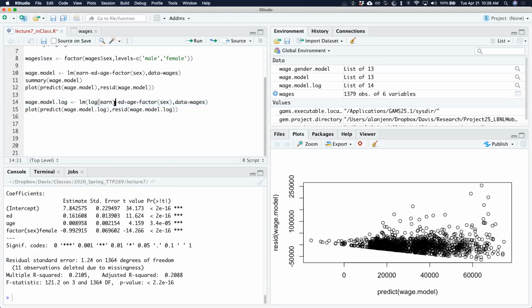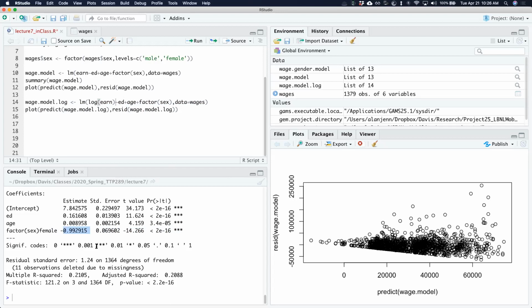Because you have logged your earnings, we can essentially say that for every additional year of education, you are increasing your earnings by 16%, and for every additional year in age, you're increasing your earnings by about 0.89, or 0.9%.